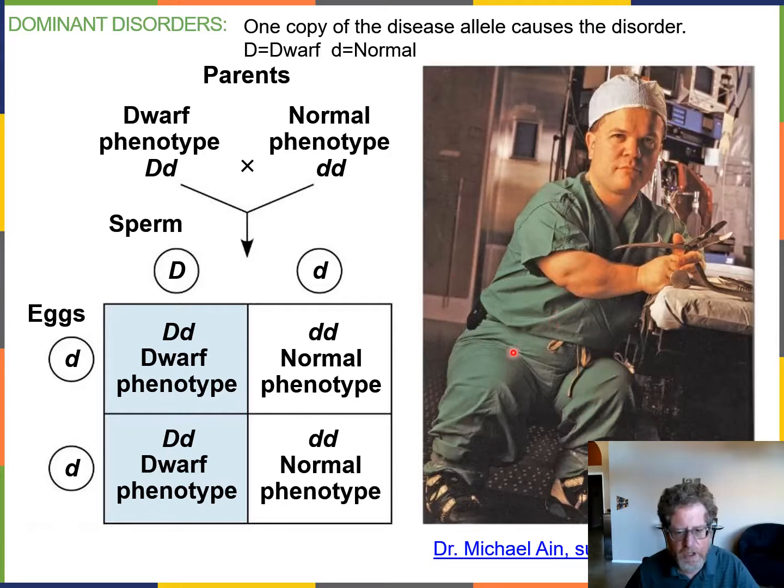And so it was very hard. There was a lot of prejudice against him. Okay, and so you'll see if you do the cross that there's a 50-50 chance that his offspring will have dwarfism. And in the real video that you see, you'll see that he gets married and has offspring. And so you can play it and see what happens.